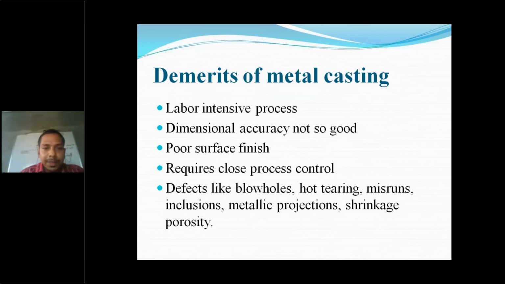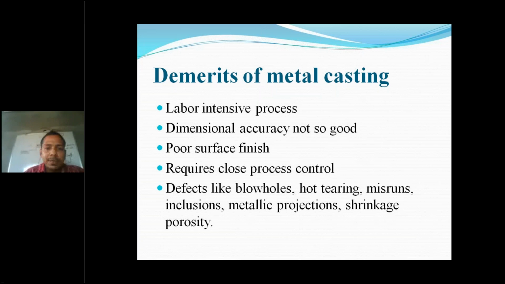Now, requires close process control. Here this is very important, it requires very close process control for each and every stage. It's required to properly maintain all the processes. Like if you talk about the preparation of the molding sand, there are different ingredients we use. Now if the proportion of the ingredients is not proper, then ultimately it affects the product.